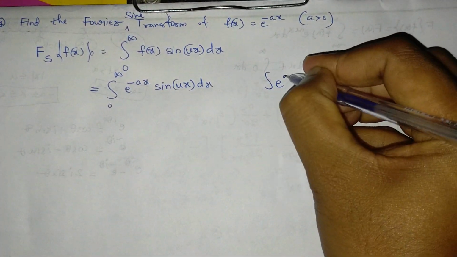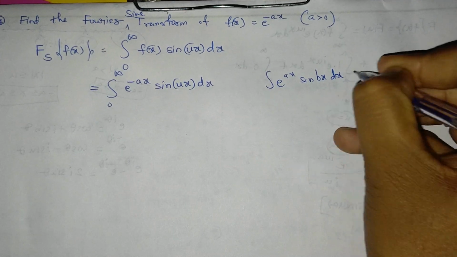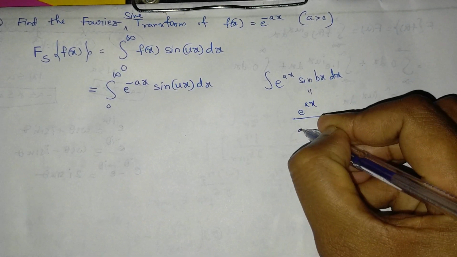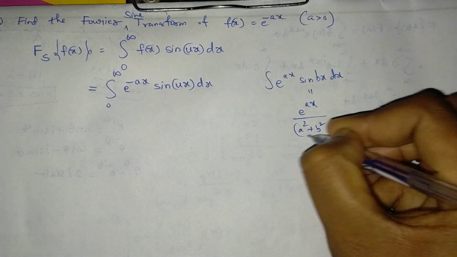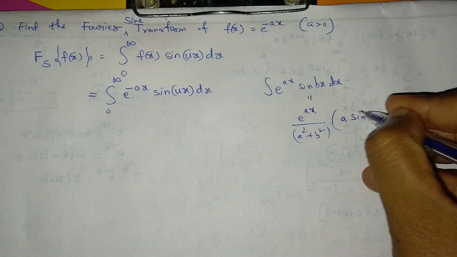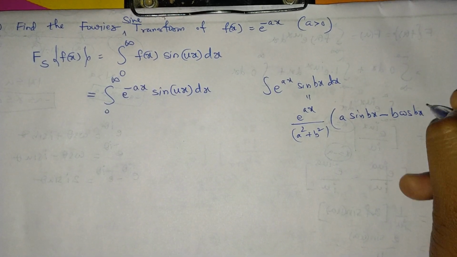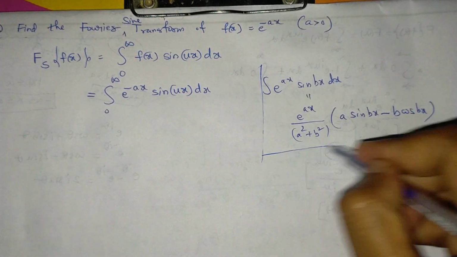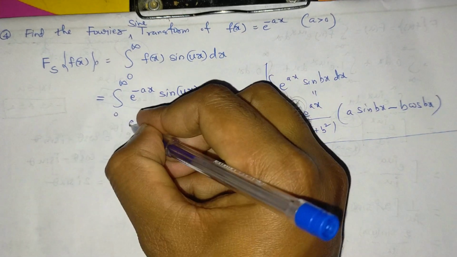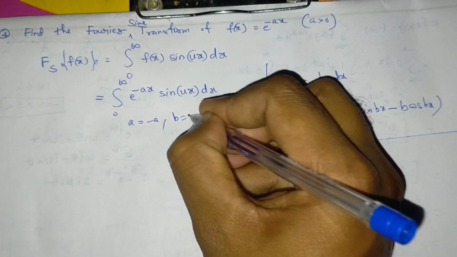The integral of e power ax into sin bx dx is e power ax divided by a square plus b square, into a sin bx minus b cos bx. This is the formula. Now let us replace a by minus a and b by u.